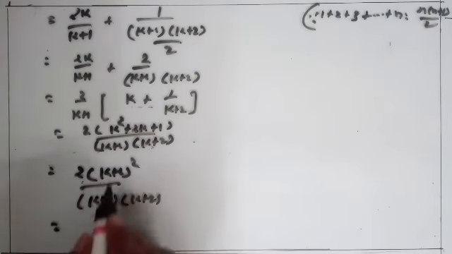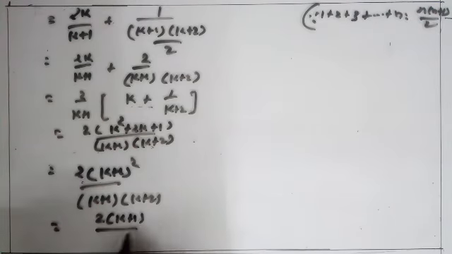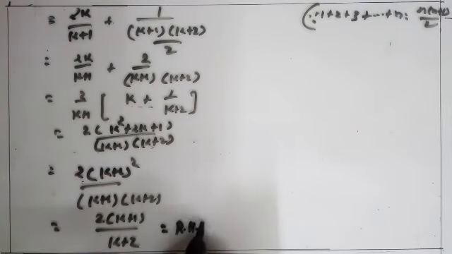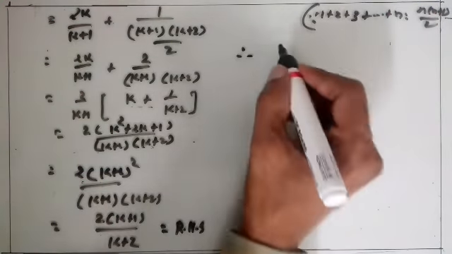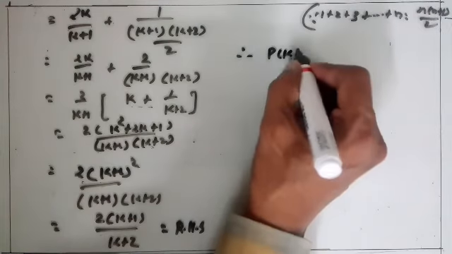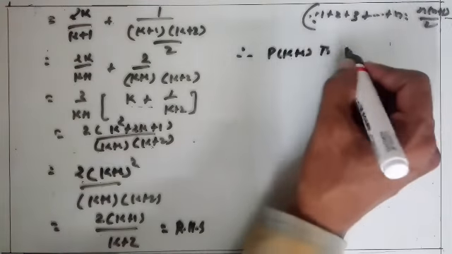So 2 into k plus 1, one term cancels. So we get 2 into k plus 1 upon k plus 2. And this is the right side, replacing n is equal to k plus 1, we get 2 into k plus 1 upon k plus 2, this is the RHS. Clear? Therefore Pk plus 1 is true.